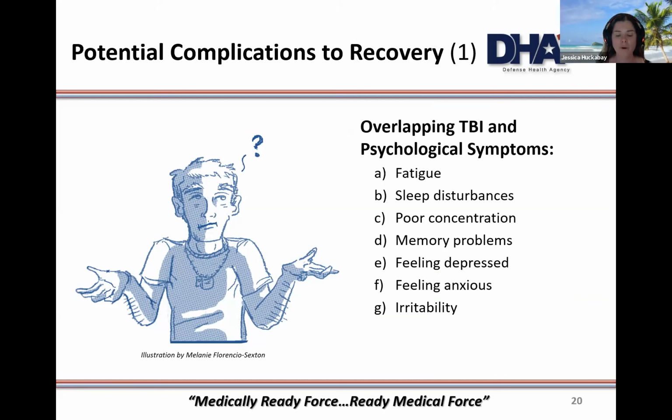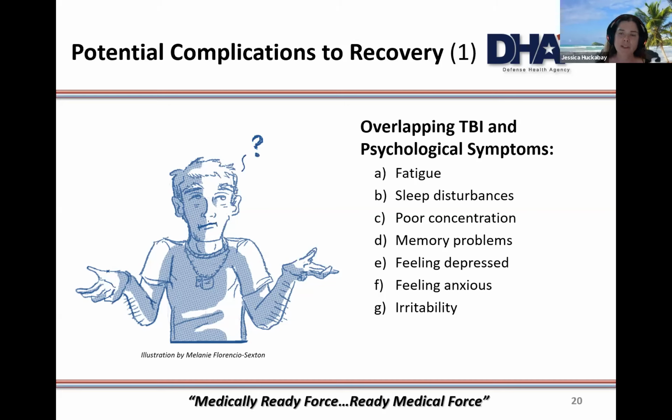You can have four people involved in the same traumatic event. One may walk away 100% fine, no issues, no problems. Another may have a concussion, but not PTSD. And the third may have PTSD, so post-traumatic stress disorder, but no concussion at all.